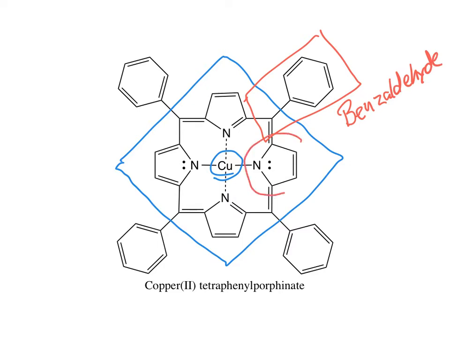And this part is going to be made from an aromatic nitrogen-containing compound called pyrrole. And so we're going to use those two components to create this ring using carbocations as the electrophile.